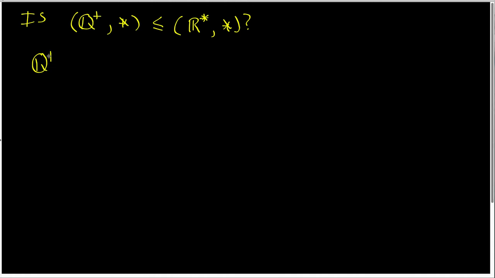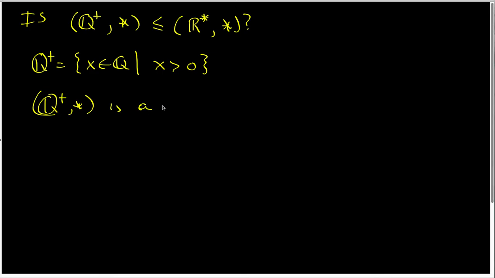Q plus is the set of all x's inside the rational numbers such that x is strictly bigger than 0. And it turns out that Q plus under times is a group.